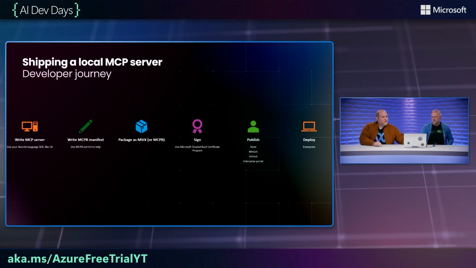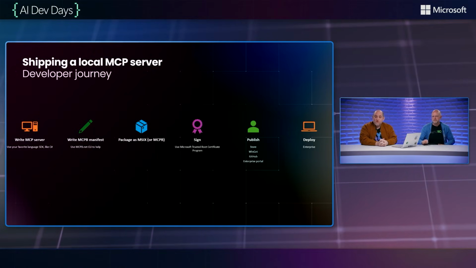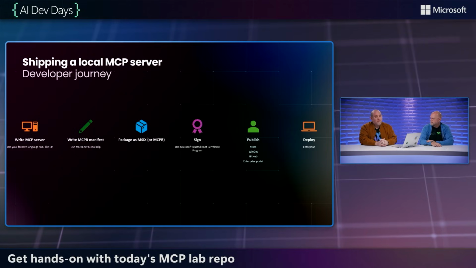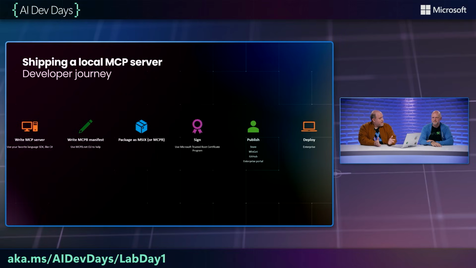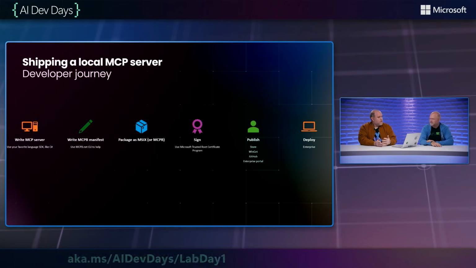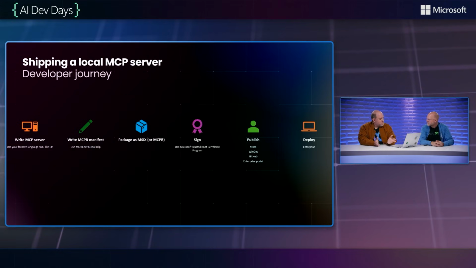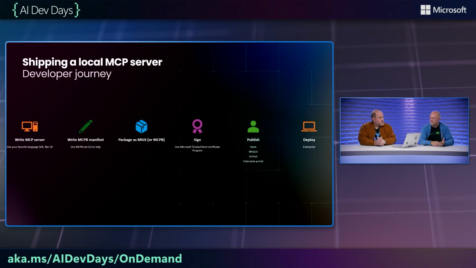Yeah. So for shipping an MCP server, it starts with writing a really great MCP server. And what better way than to use the C# SDK for MCP? If you're more familiar with Python or TypeScript or other languages, there's SDKs for all those as well. My personal favorite, C#, of course. And then you write this thing called an MCPB manifest.